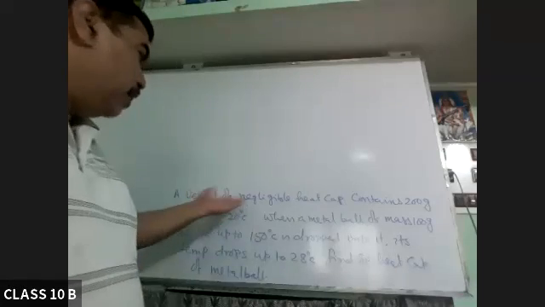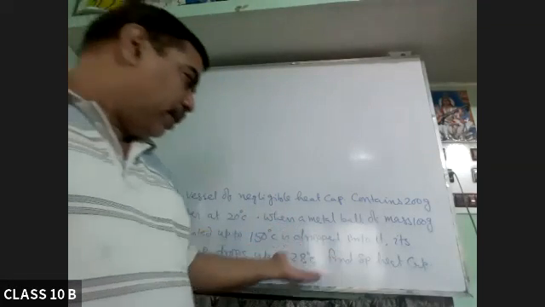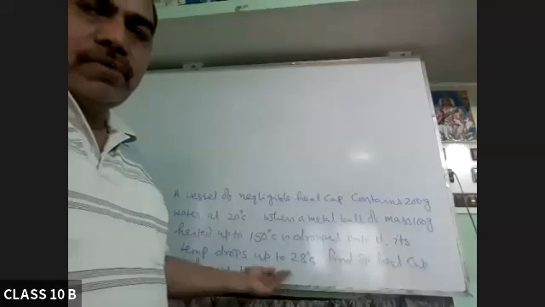The metal ball is going to lose heat and water is going to gain heat. You are free, you can take as it is given, find the specific heat capacity of the metal ball.